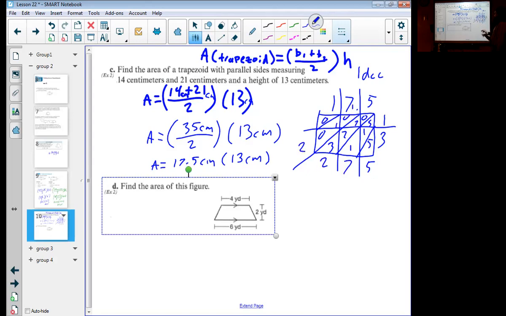So we have 227.5. And we have centimeters times centimeters, so that is centimeters squared.